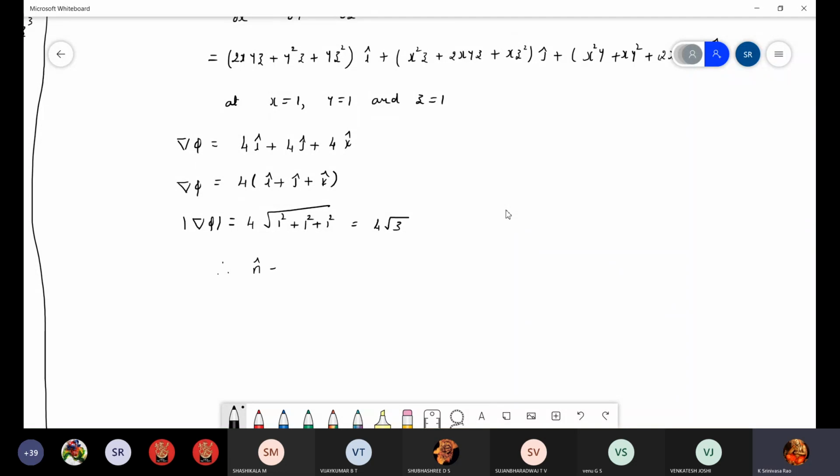Therefore n cap equals, by the formula, grad phi divided by its magnitude: 4 times i plus j plus k divided by 4 root 3. So the 4 cancels. Therefore n cap equals 1 by root 3 into i cap plus j cap plus k cap. So this is the way of solving the problem.